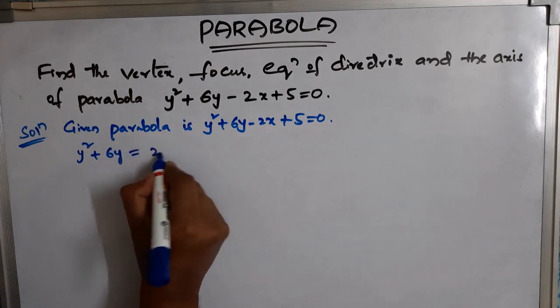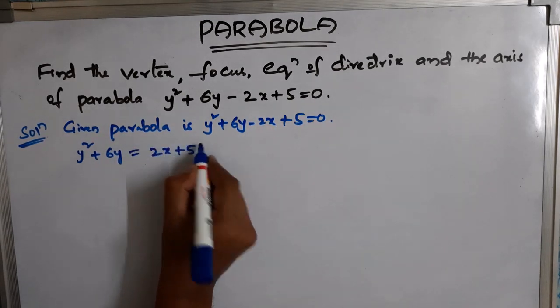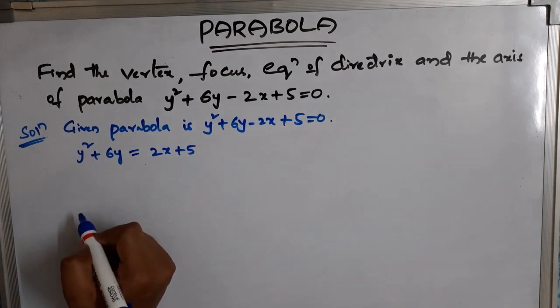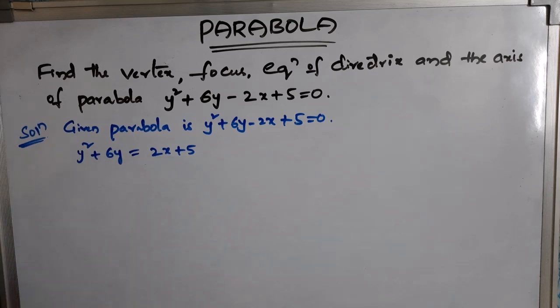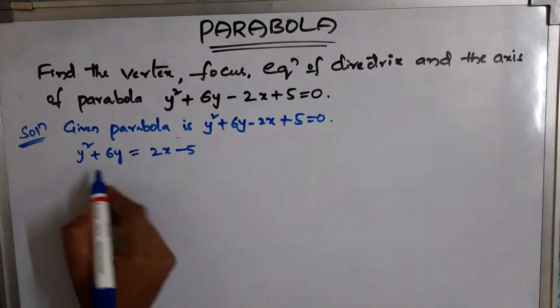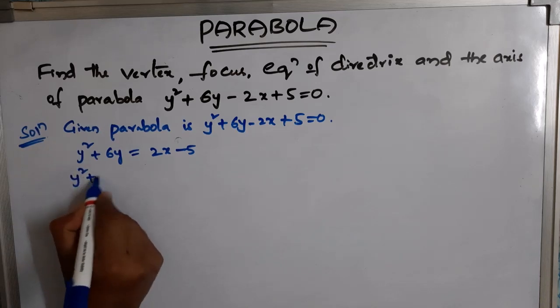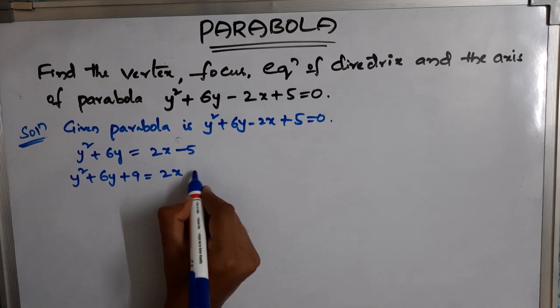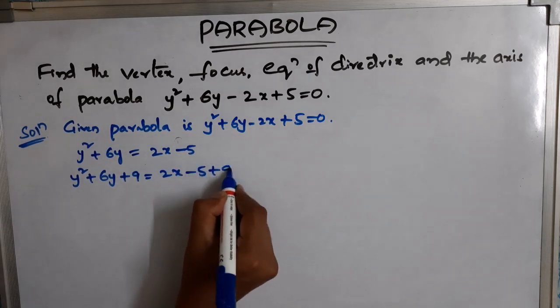So it becomes 2x minus 5. Right. Now I am going to add plus 9 to both sides. So y square plus 6y plus 9 is equals to 2x minus 5 plus 9.